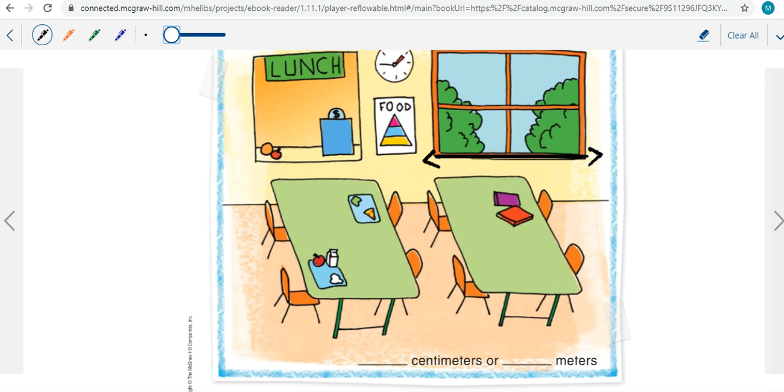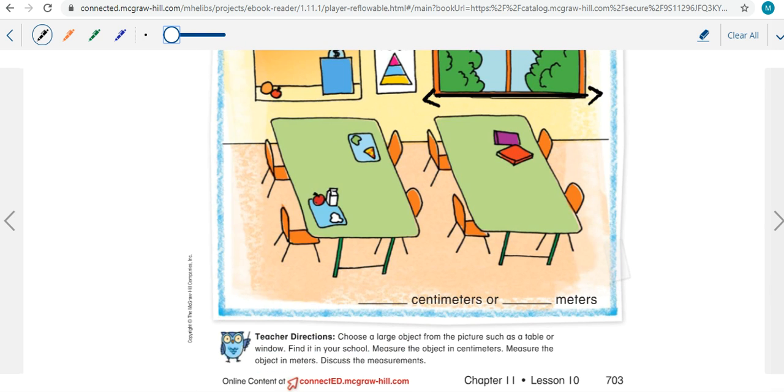Let's say that this window is about maybe 200 centimeters. So if this window is about 200 centimeters, how many meters is that? Remember that 1 meter is equal to 100 centimeters. So if we have 200 centimeters, that means we have 2 meters. Next page.